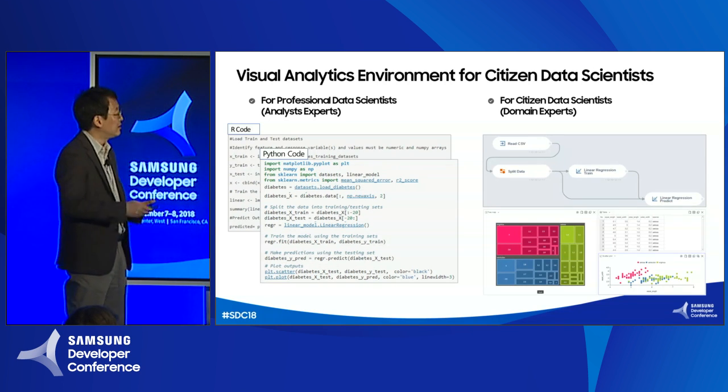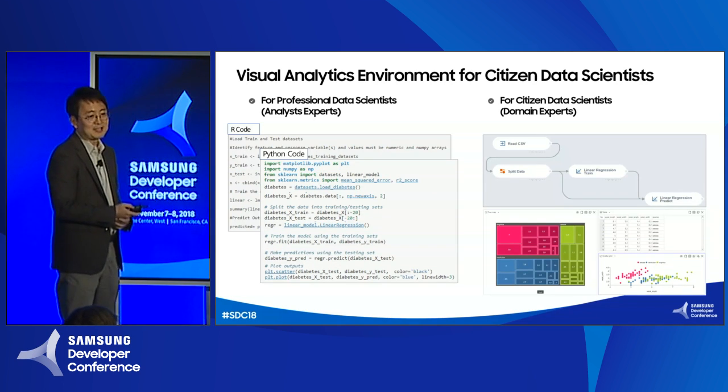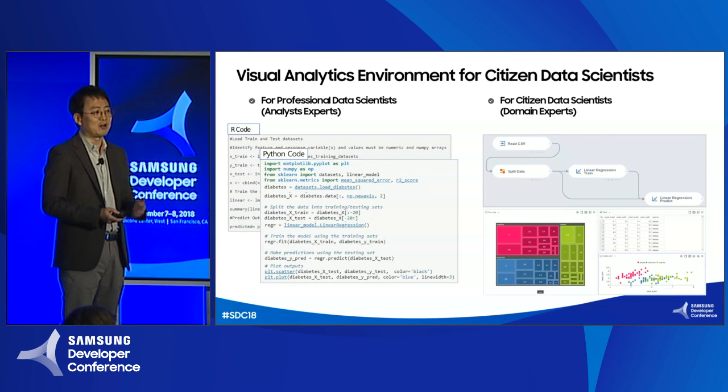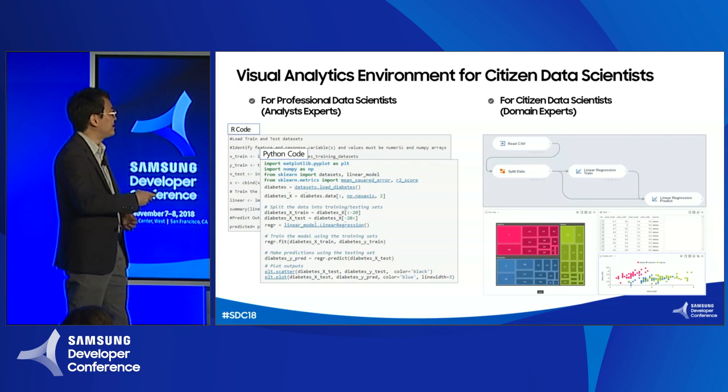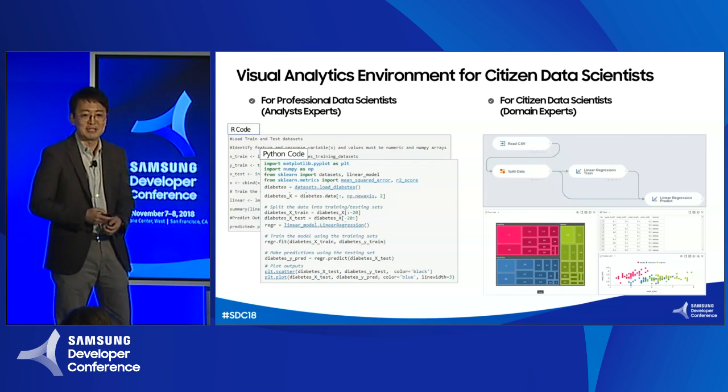But if you are domain experts, we call them citizen data scientists, who have domain knowledge in your field, for example, if you are a manufacturing process engineer, marketing campaign manager, or logistics expert, then you don't necessarily have this kind of programming skill.